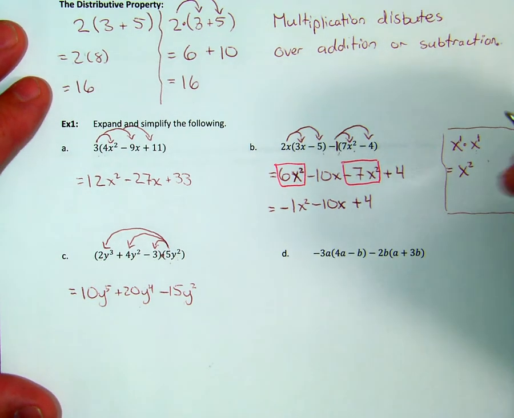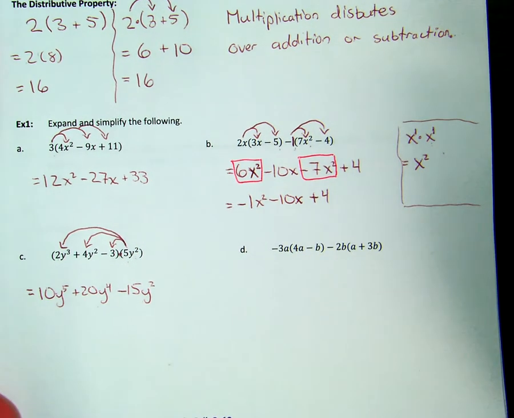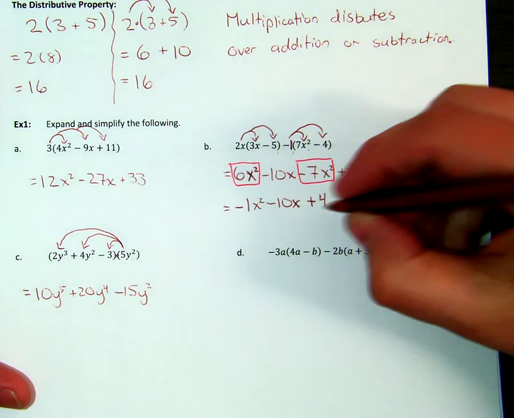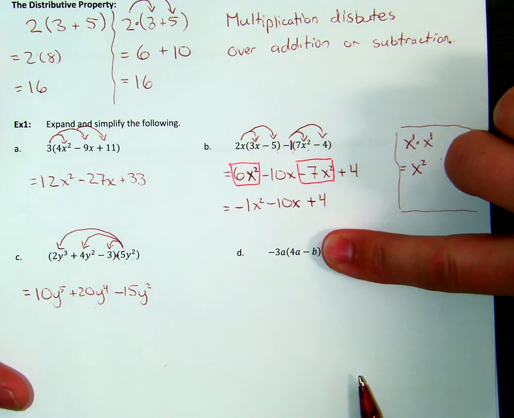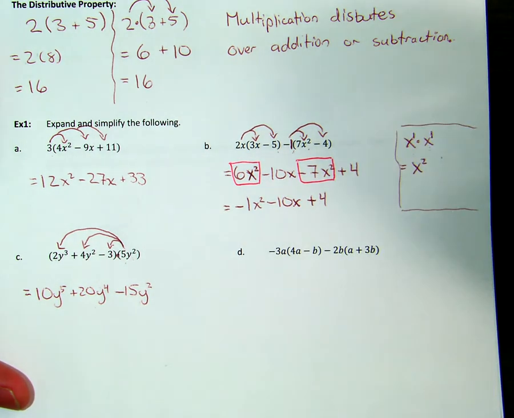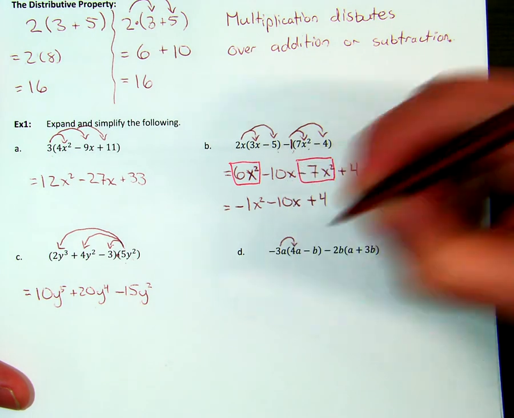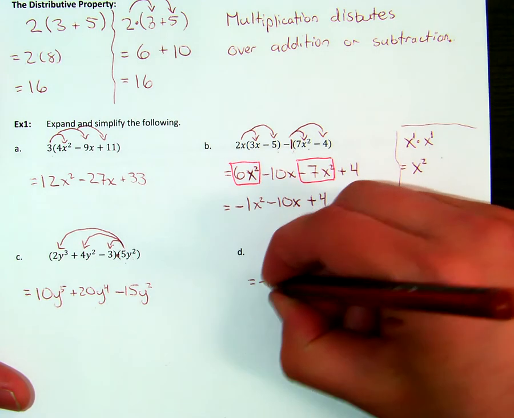In our last example, now I've got some different letters. All of the ones we did so far had the same base, so this one might be a little bit different. First bracket, so I'm looking right up to there. That's all I'm looking at. The bracket ends here, so only the things in the brackets get the 3a. So negative 3a times positive 4a. Negative 3 times positive 4 would be negative 12.